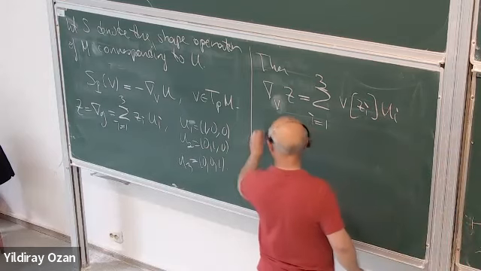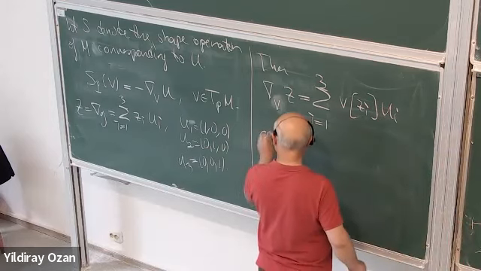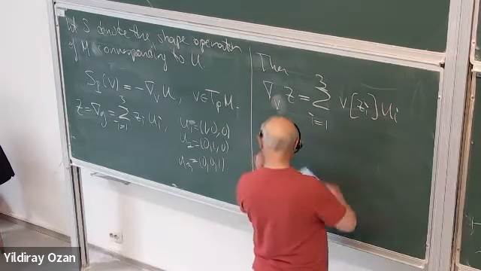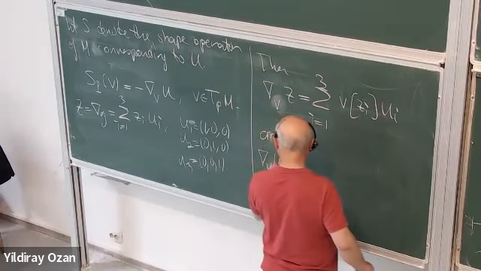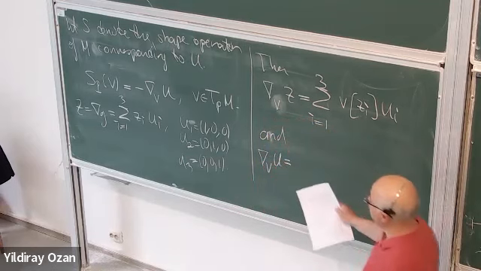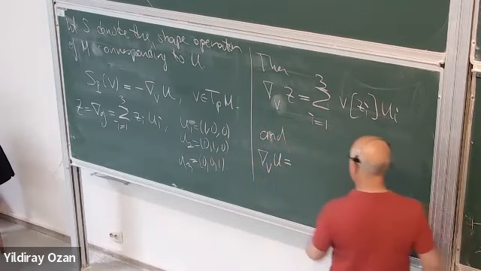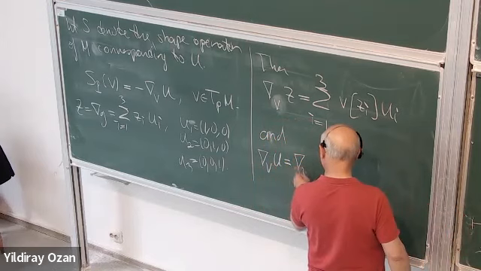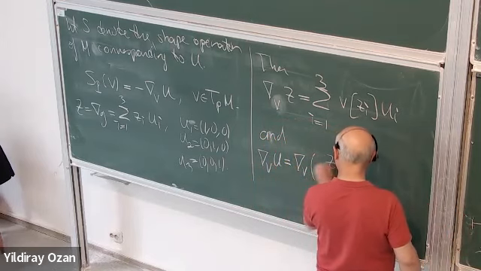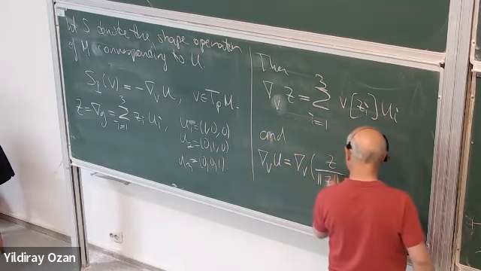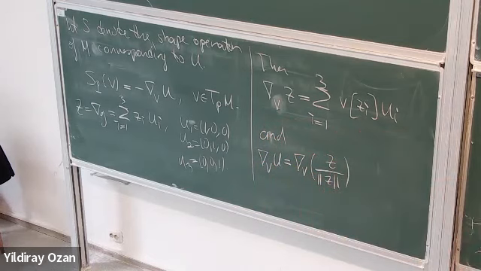And what about this expression? Well, U is the normal vector. So it is just Z divided by norm of Z, the unit normal vector.